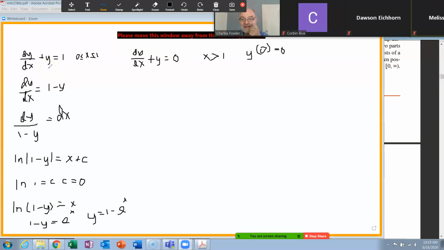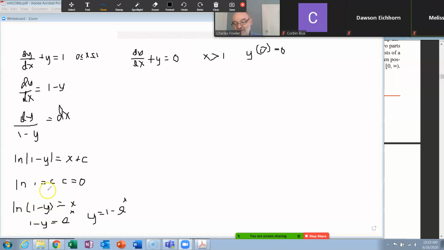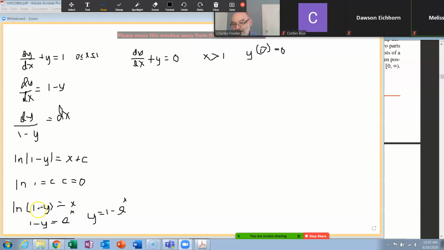Now, the thing to note here is when x is equal to 1, which is the endpoint there, y will be a negative number, and that's what made it good. I said it backwards. If y is negative here, 1 minus a negative number is always going to be a positive number. So yeah, that will be fine.